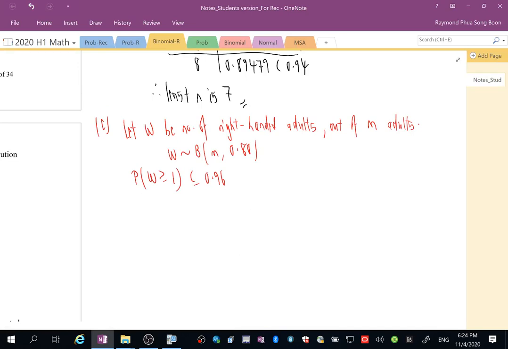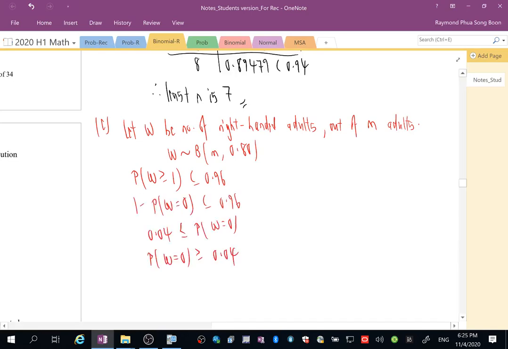So 1 minus probability W less than 1, which means W equals to 0. Do some rearrangement and we'll arrive at this inequality, which is probability W equals to 0 is greater or equals to 0.04.